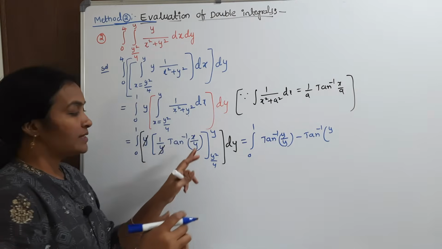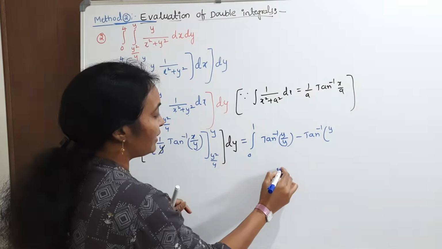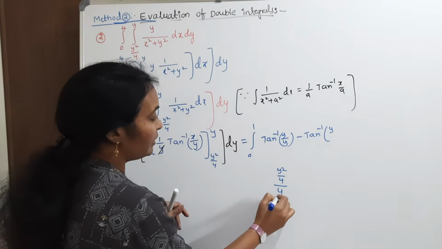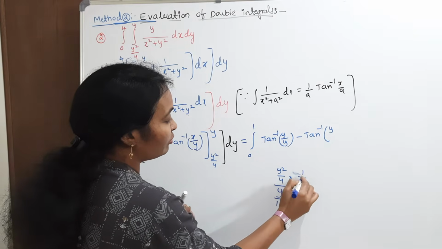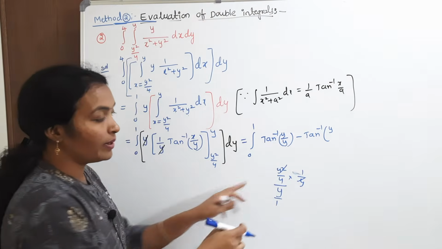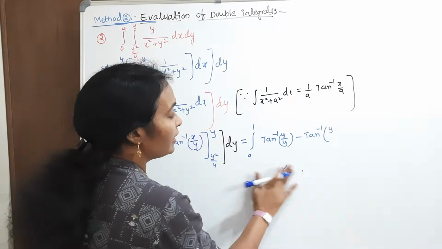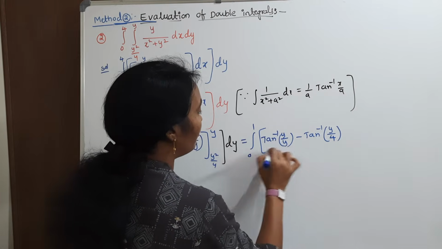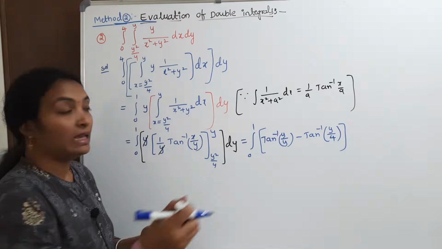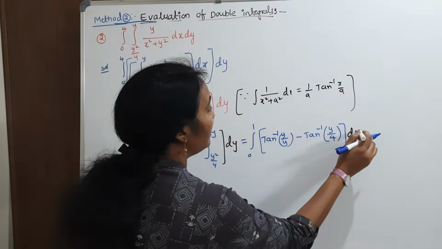In the place of x, I'll substitute y square by 4, divided by y. Taking this fraction up, I get 1 by y, y cancels, what is remaining? Y by 4. After simplification it is y upon 4. What is remaining? Another dy.